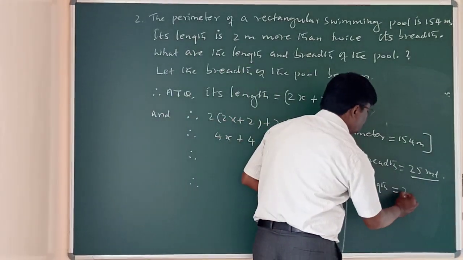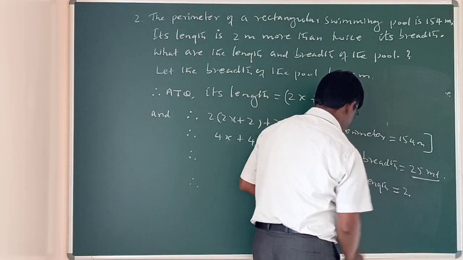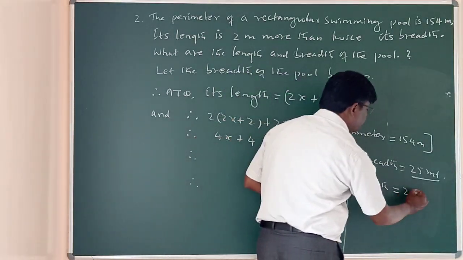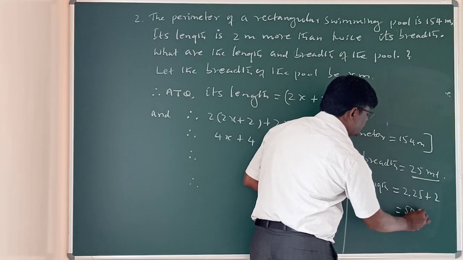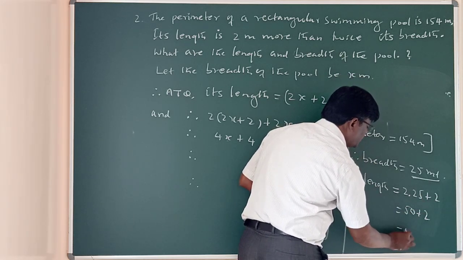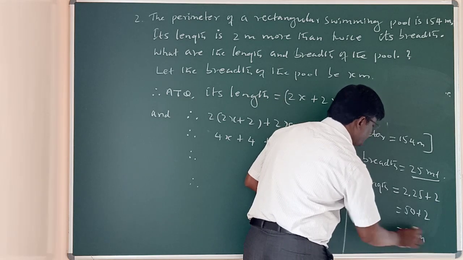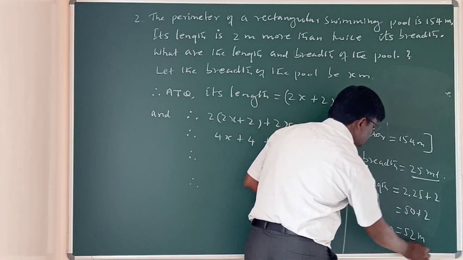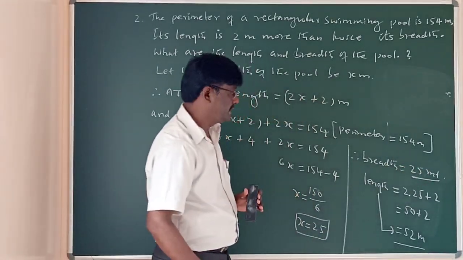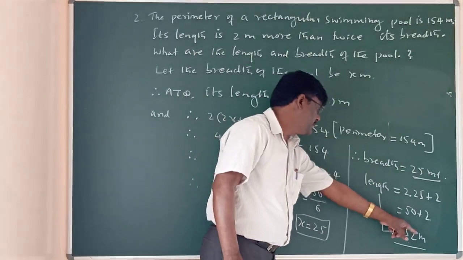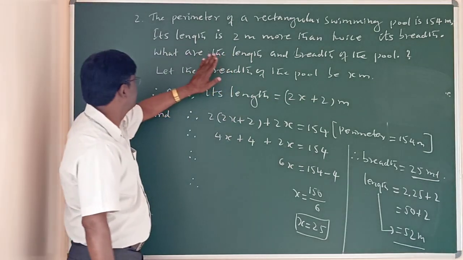Hence 2 into x, x is 25, so 50 plus 2 gives 52 meter. So the required breadth is 25 meter and the required length is 52 meter. That's what we have to find.